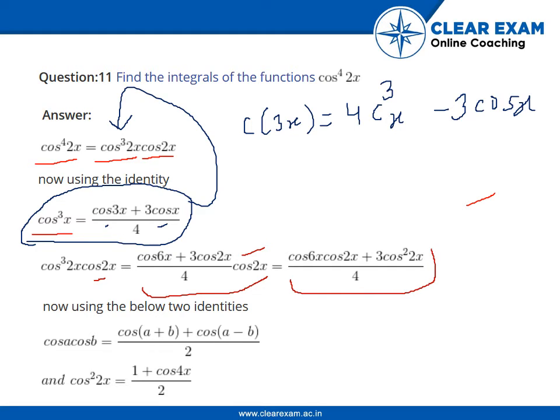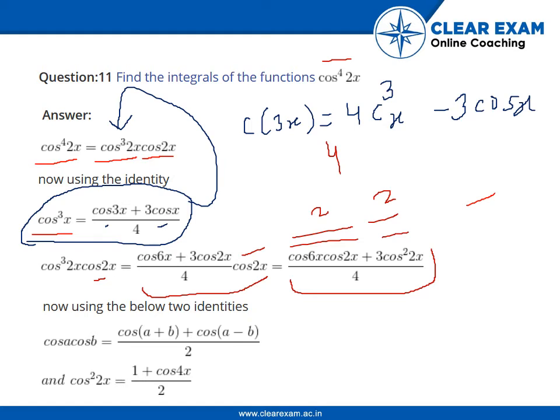Earlier the degree of the main integrand was 4, but now the degree is 2 and 2. So we are moving towards a simplified expression. Still, work needs to be done on the first part and this part, as they are still in multiplication form or of degree 2.